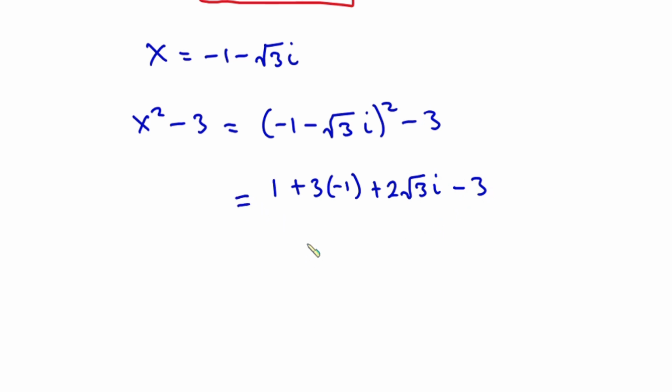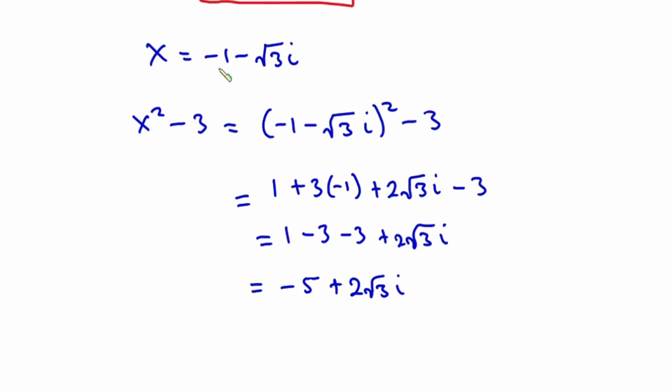If we simplify this, we have 1 minus 3 plus 2 root 3i. Negative 3, that is negative 6, plus 1 is negative 5, plus 2 square root of 3i. So when x is equal to negative 1 minus square root of 3i, we have x squared minus 3 to be this. So this is the final answer.